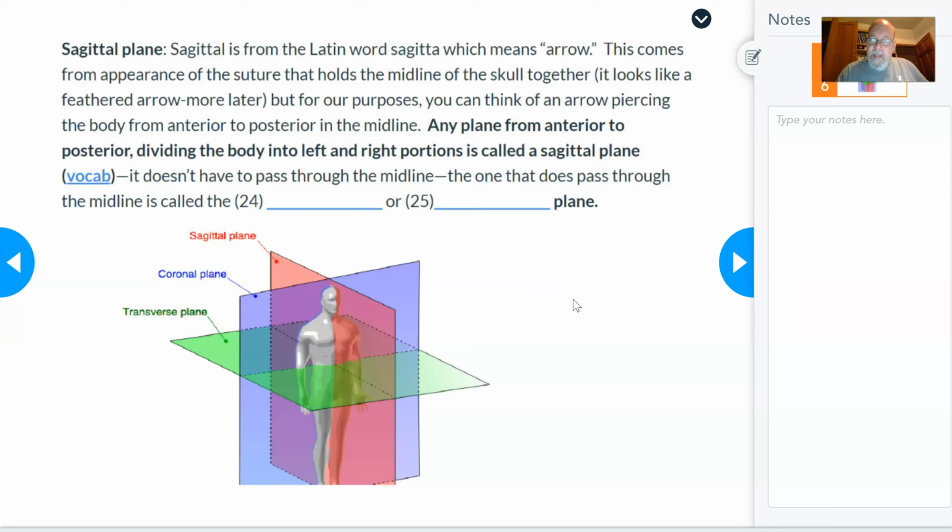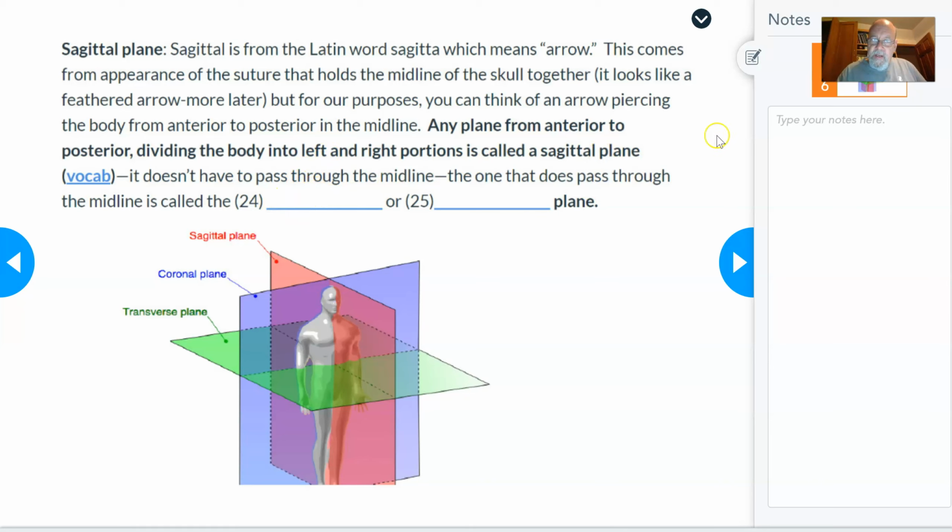Any plane that goes anterior to posterior, dividing the body into left and right portions, is called a sagittal plane. So if I move this plane over a little bit, it would still be called a sagittal plane. It just wouldn't be the sagittal plane that's in the midline. It doesn't have to pass through the midline.